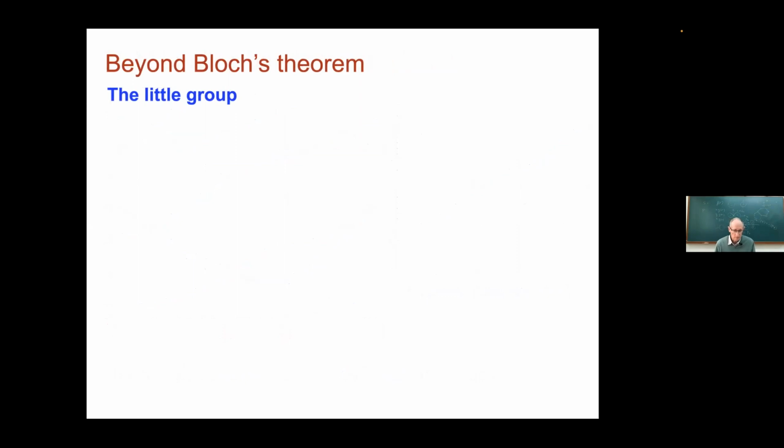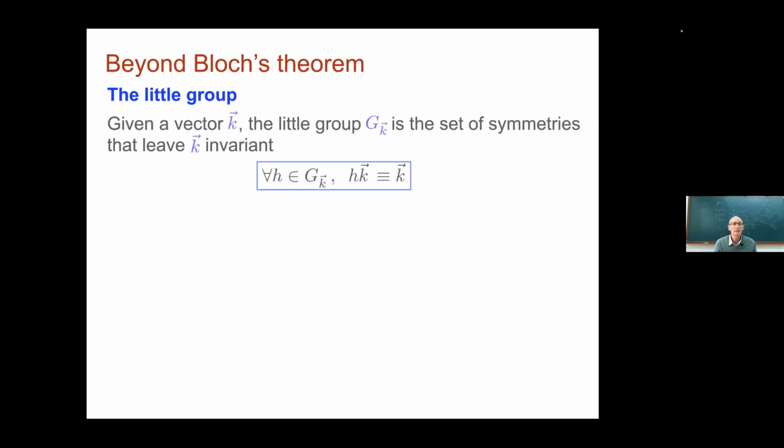Well, now I mentioned briefly at the end of the last lecture a very important concept, the concept of little group. What is the little group? Well, if I have a k vector, whenever I say k vector, you can imagine a point in the Brillouin zone. The little group is the set of symmetries that leave k invariant. When I say invariant, it's invariant up to equivalence.